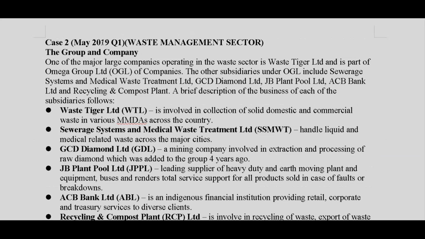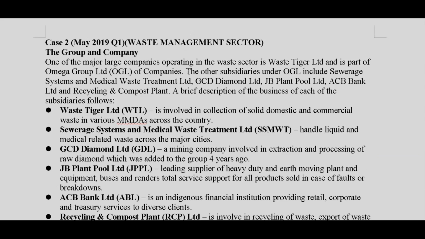Now, the group and company. I always give a summary. One of the major large companies operating in the waste sector is Waste Tiger Limited, and it is part of the Omega Group Limited of companies.